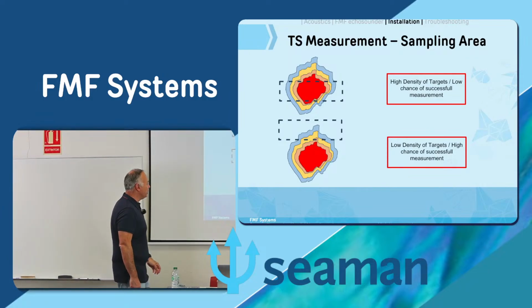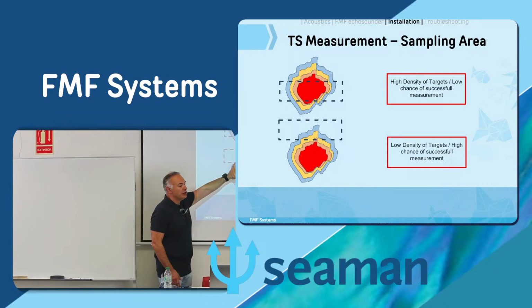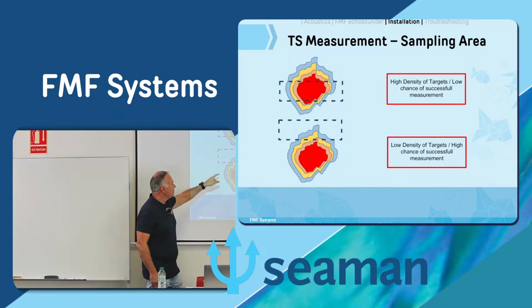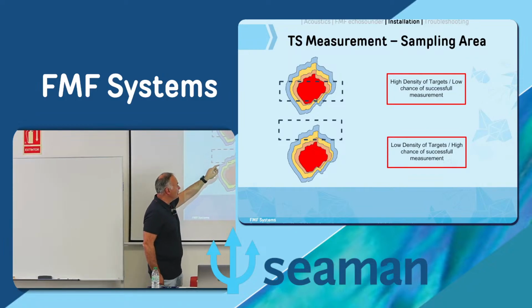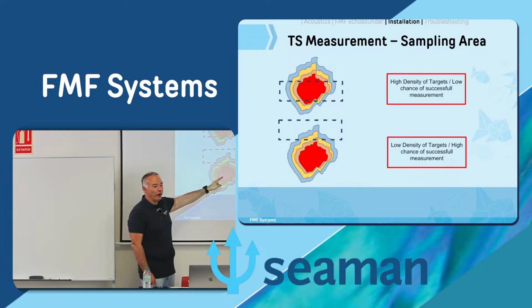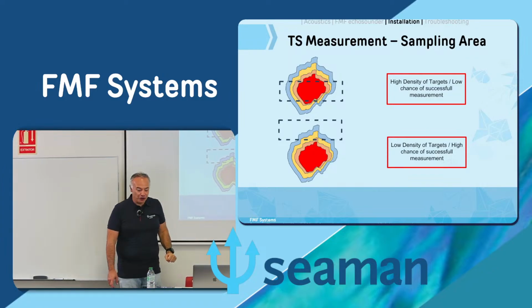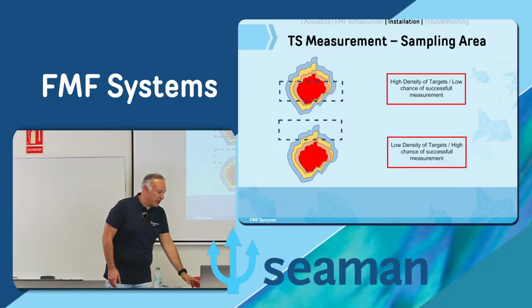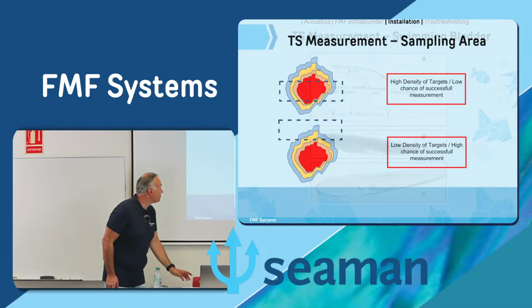So we always recommend that when you have dense shoals, you use the selection in the edges. You can use a big selection and select all of them, but when you do that, you increase the chances of getting these badly measured targets in the center of the shoal. So this is an easy rule to explain to the fishermen when they are trying to apply the selection area.